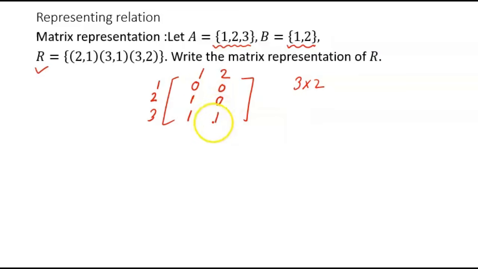So basically we have got a matrix which has 3 rows and 2 columns, and the elements are zeros and ones. To understand it better, let us take one more example.